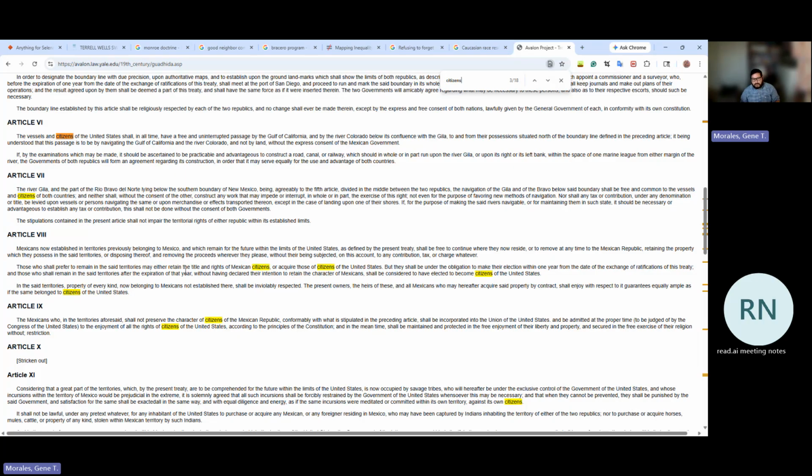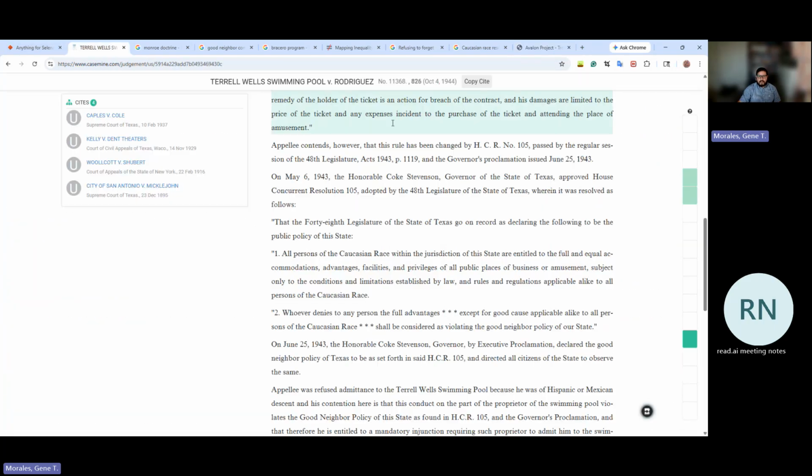Now, we already know how this is going to come about, because even though you're legally white, you're racially non-white, right? And because of that, second class citizenship for Mexican Americans looks very different, especially from the African American experience in the United States. And enters this court case that really is defining what this means, at least in the 1940s, because this court case is really going to argue about the Caucasian race.